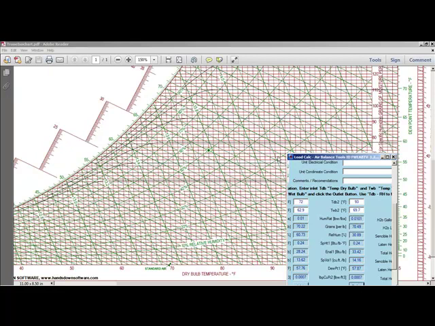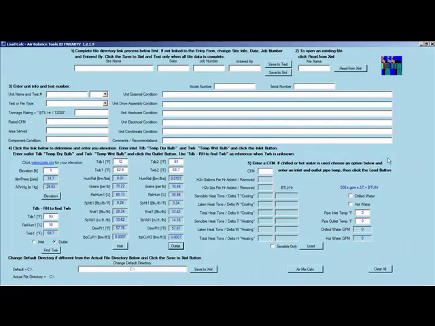So 14.1, 1.5 would be about there, so that's about 14.16. Now we'll go ahead and say this is 900 CFM, sensible only, and now we have our sensible heat in tons and in BTUs.